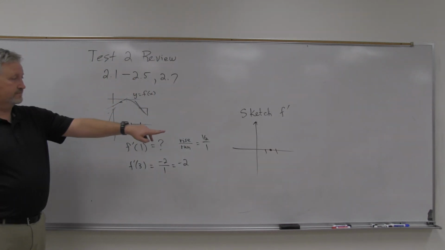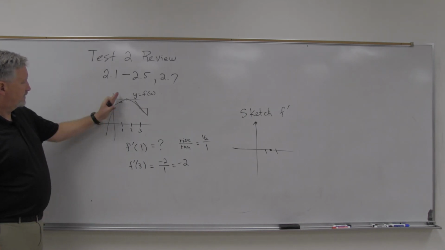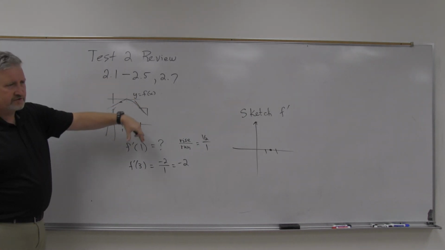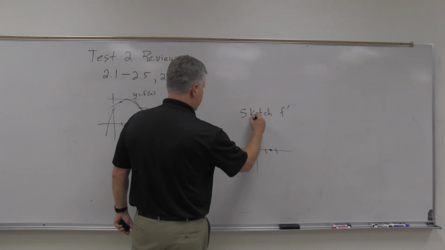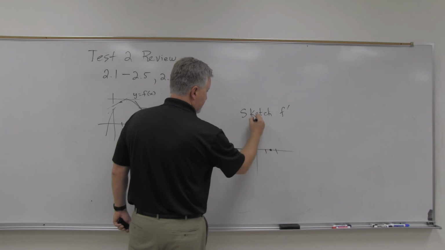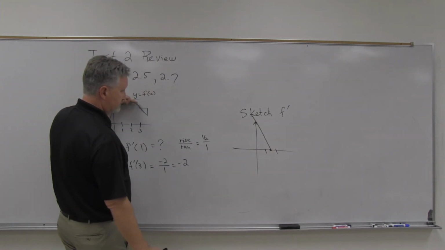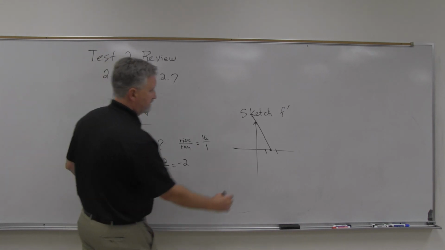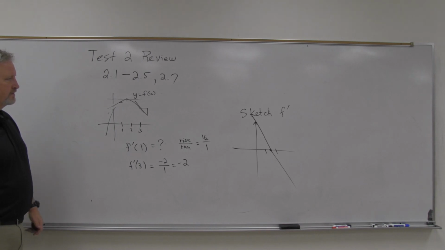Those will be 0 on the x-axis. Then you've got positive slopes on this side, negative slopes on this side, so it goes from a large positive to 0, and then starts getting bigger and bigger negative, so it just kind of turns into a line. What I've got graphed here. So be able to do that.